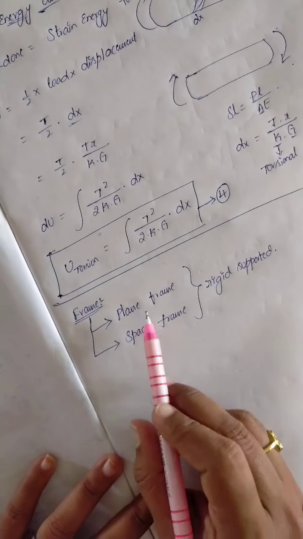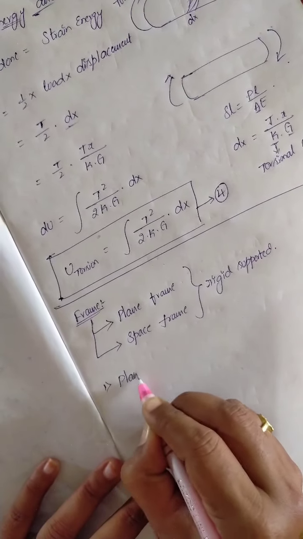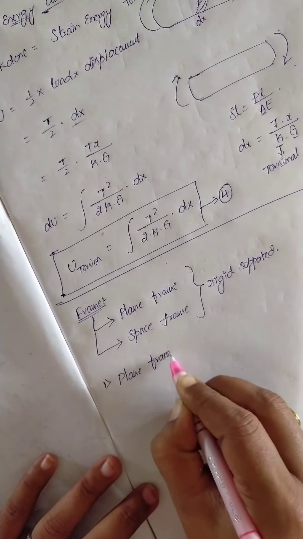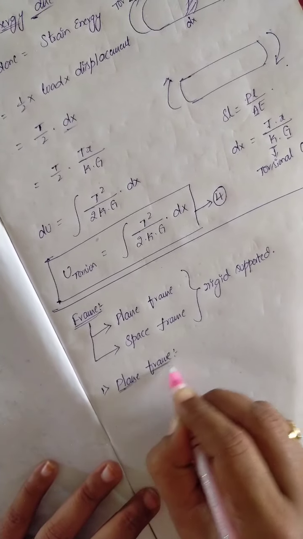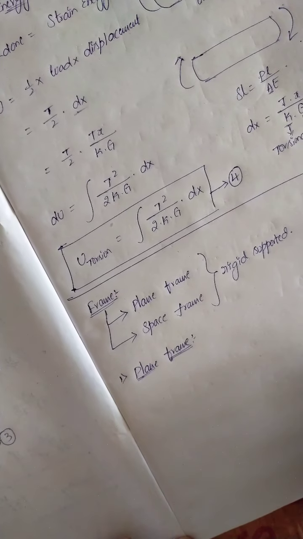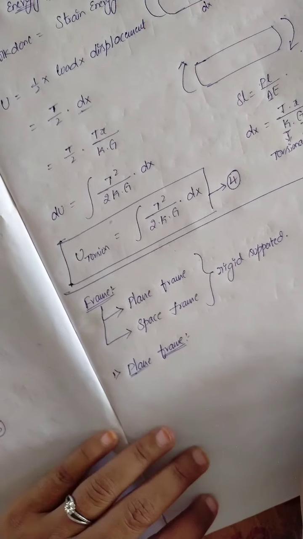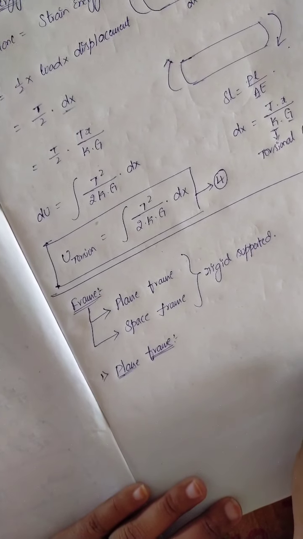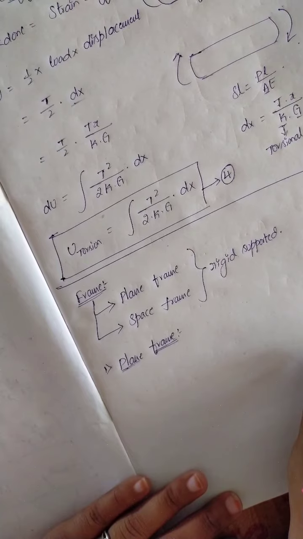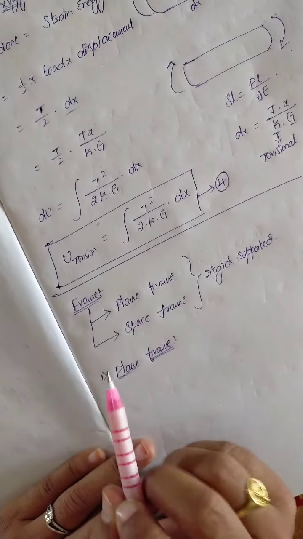The concept of plane frame and space frame is that both are the same frames, where n number of elements or members are joined, but the manner in which they are joined together reveals the plane frame and the space frame.